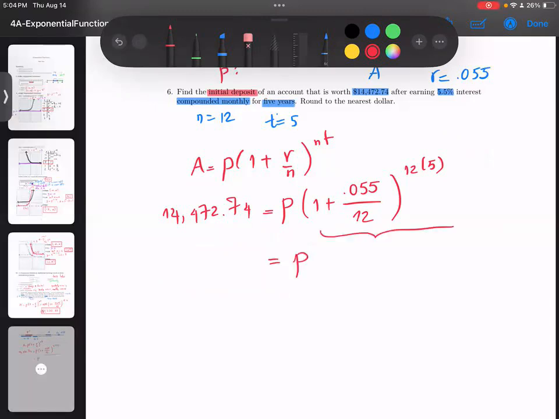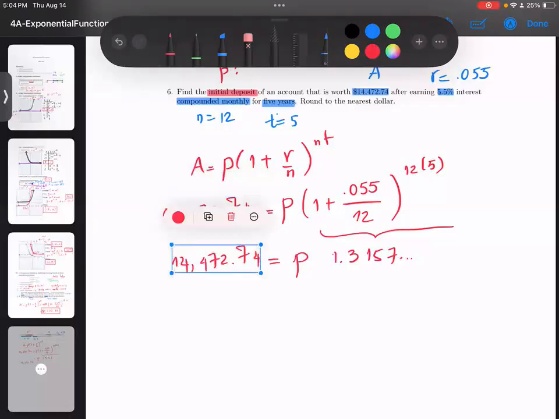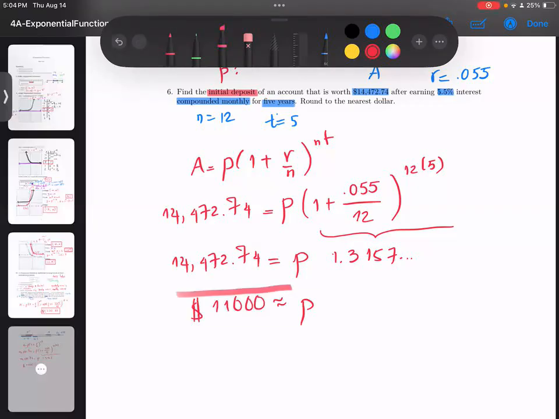Let's calculate that one first, and that will give you 1.3157 something equal to the left-hand side. And you divide both sides by 1.3157 something to get P. After I do that, P is roughly 11,000. So the initial deposit was 11,000. Make sure you have the currency unit.